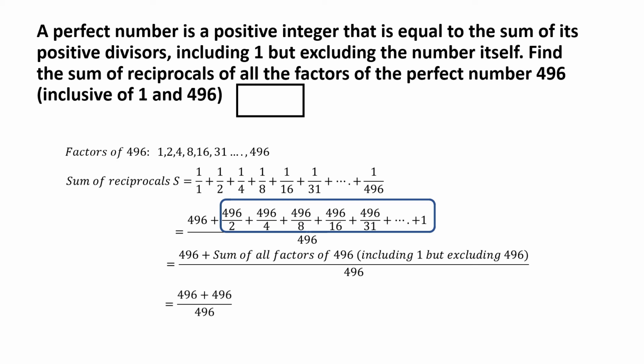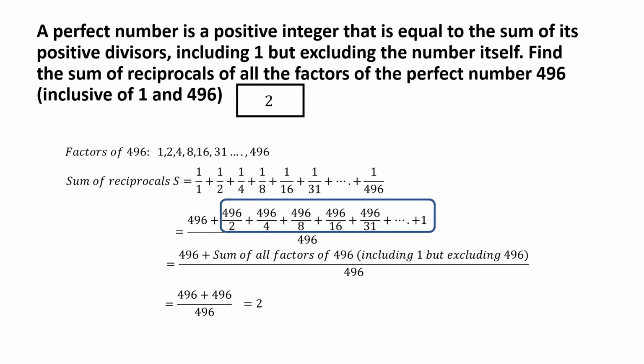So here we can replace that by 496. So our numerator becomes 496 plus 496, and our denominator is still 496. So it's easy to see that this will simply come to 2. So the correct answer in this case is 2.